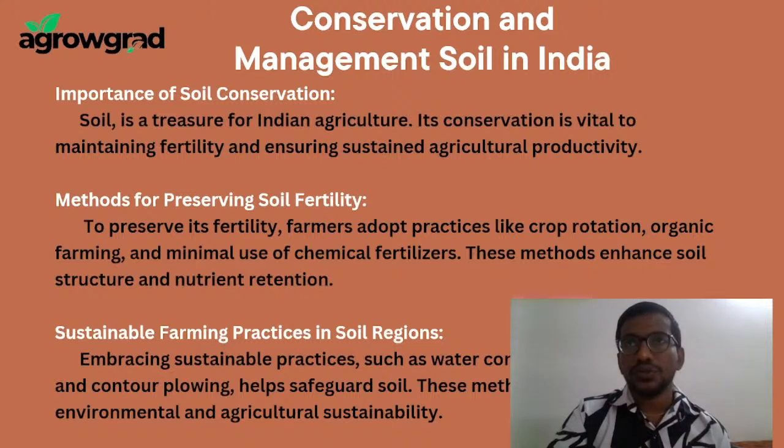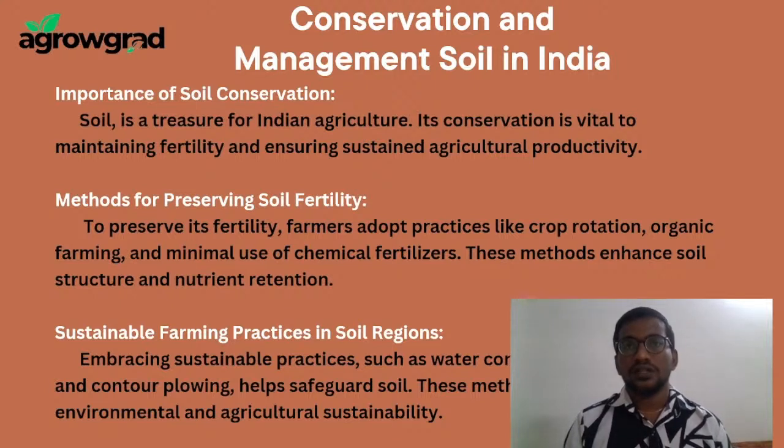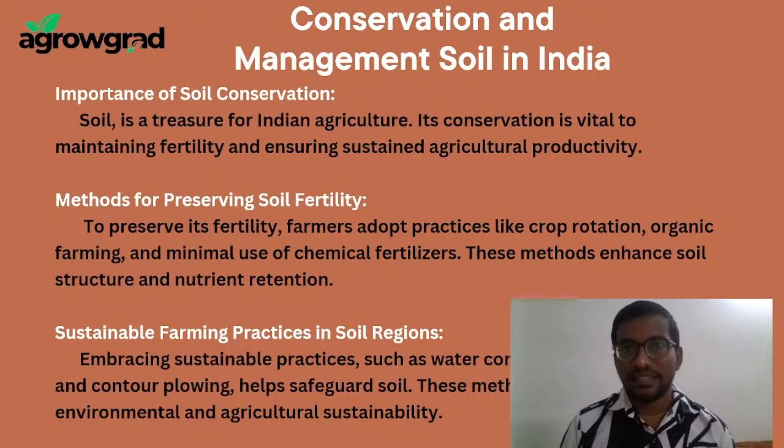We can also use sustainable practices like water conservation, agroforestry, and erosion control to help safeguard soil. This promotes long-term environmental and agricultural sustainability, because without soil, we cannot grow anything.